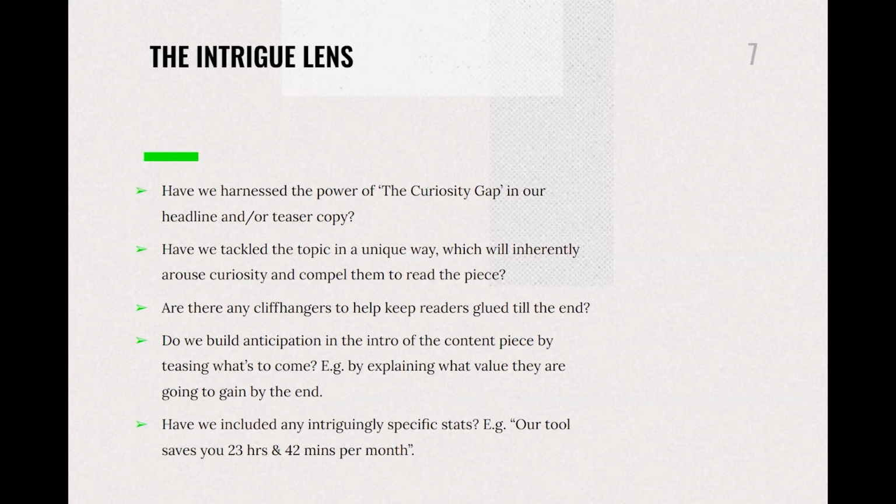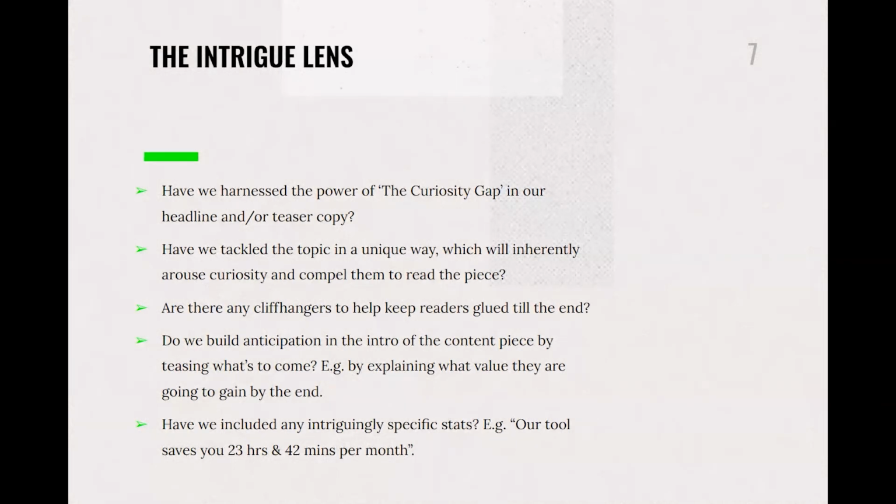That's such a bog standard, overused B2B copywriting line right there. Not terrible, but overused. So why not drill into a specific stat, you know, "our tool saves you 23 hours and 42 minutes per month." Immediately that makes it more tangible and it makes it intriguingly tangible.